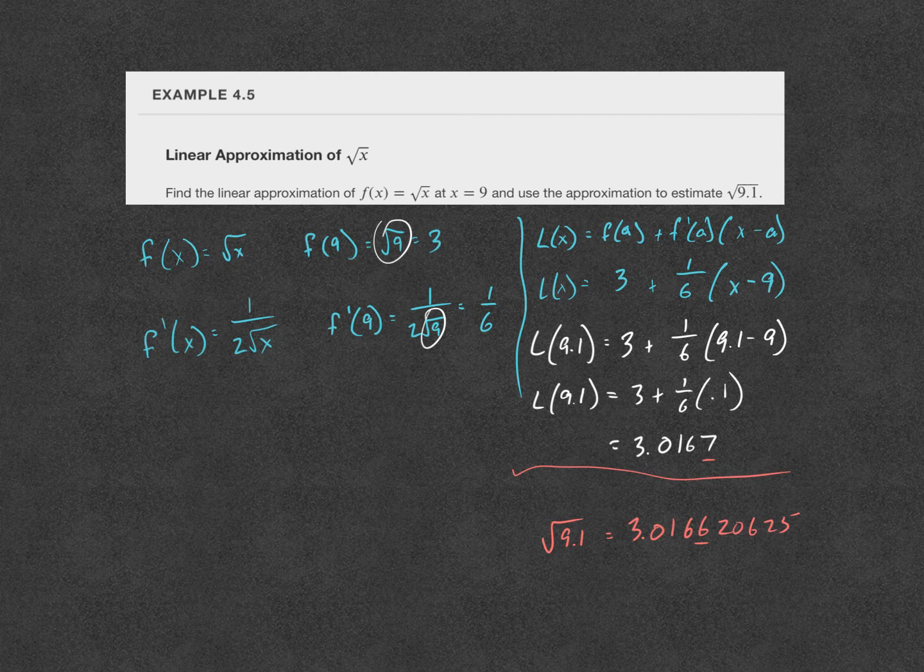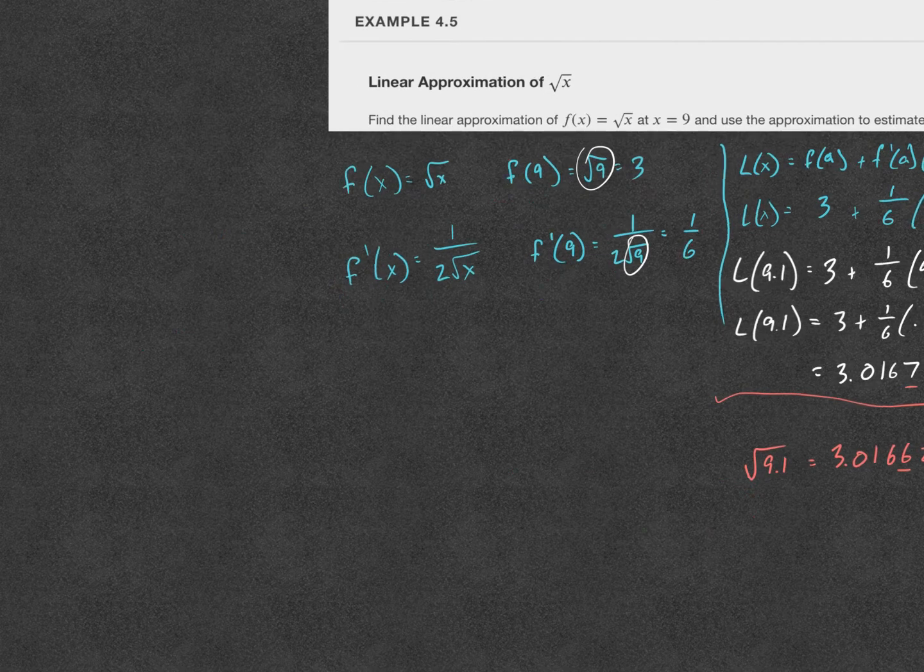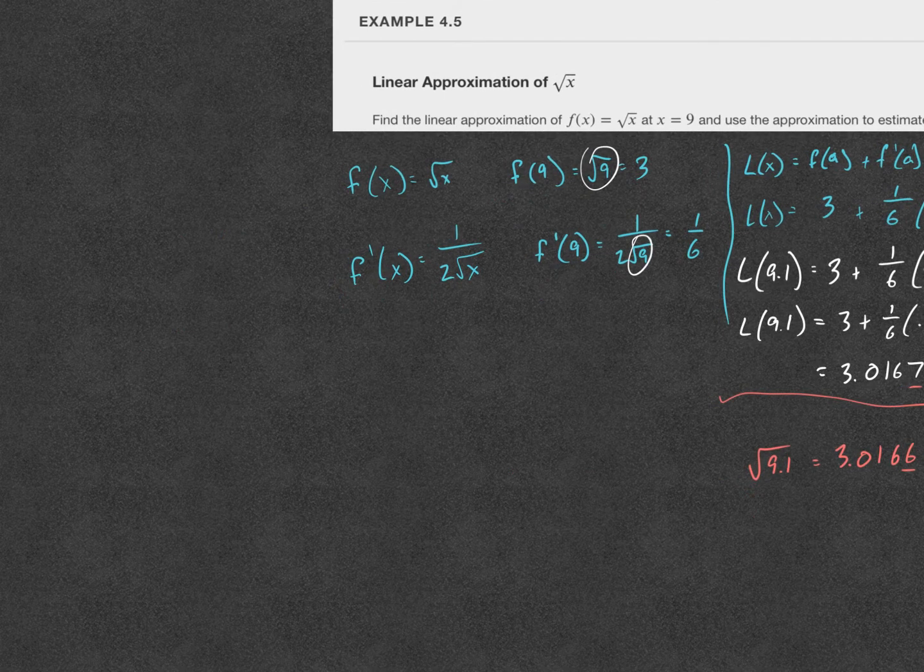Now, if I wanted to use this to approximate a different square root, I would need to go back to the beginning. Let's say, I'm not going to do a whole other example here, but let's say I wanted to approximate the square root of 15.9. If I want to get the approximation for that, I would need to go back through. My function and the derivative are still the same, but the f of a, that would be the square root of 16, I know.